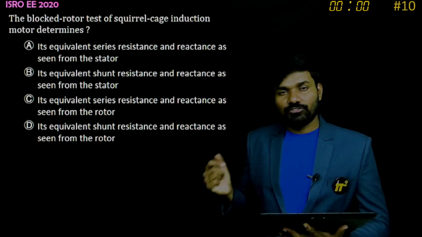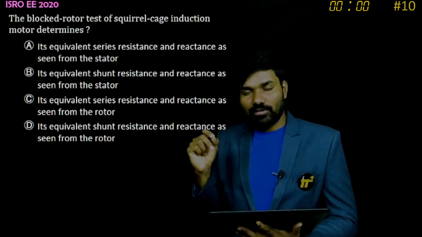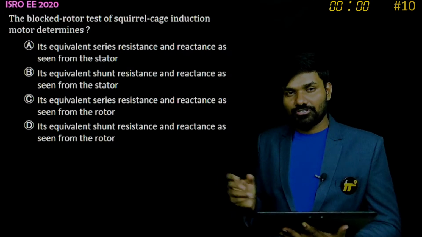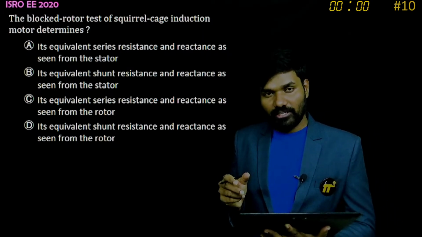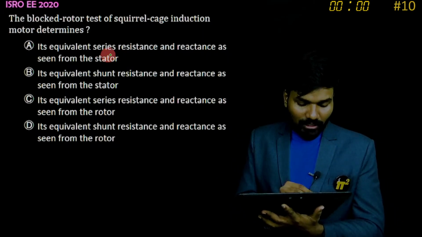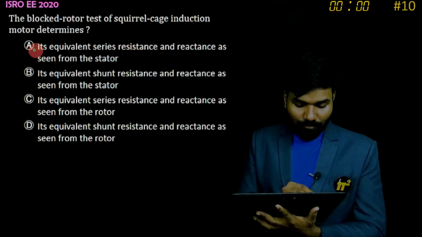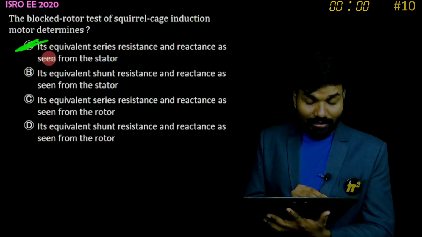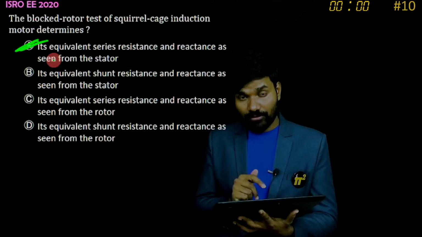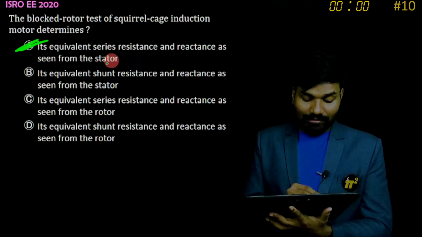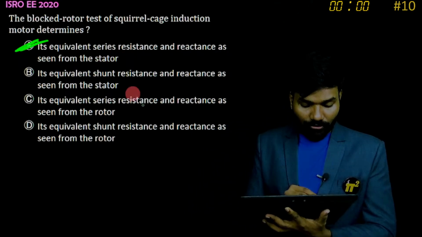In case of short circuit test, we find the series branch parameters. In open circuit test, shunt branch parameters are found. You know that. So the series branch parameters are series resistance and series reactance, referred to the stator. That's also important, you should not miss that.